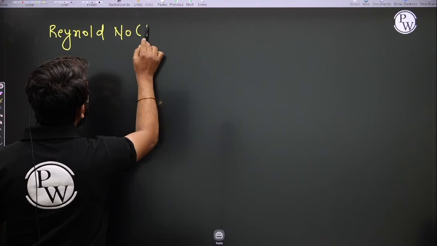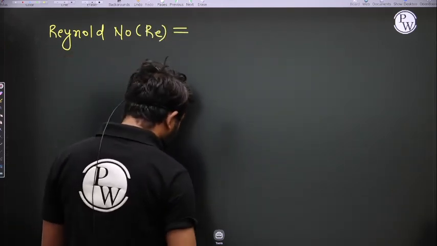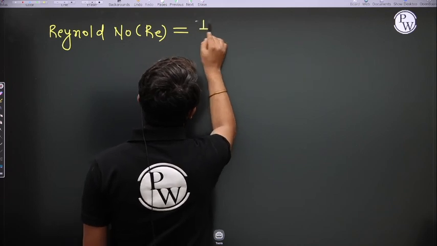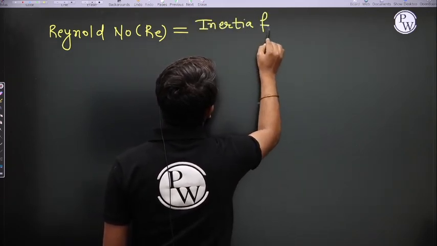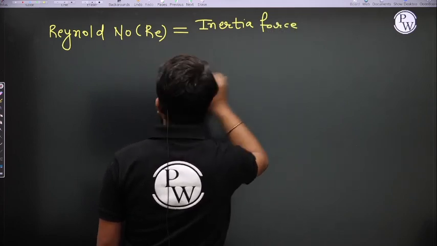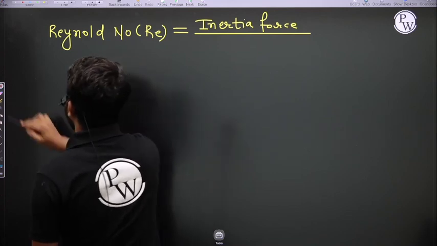What is the Reynolds number? I already discussed what the Reynolds number is. The Reynolds number is the ratio of inertia force to viscous force.